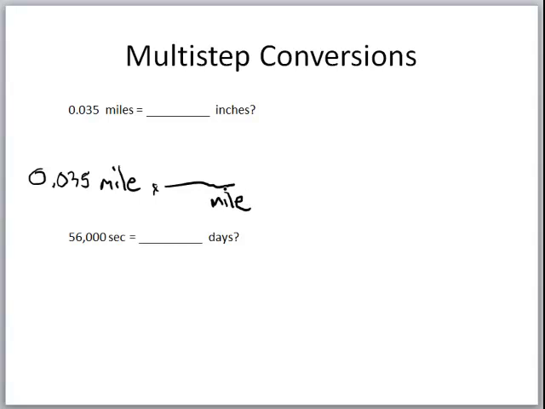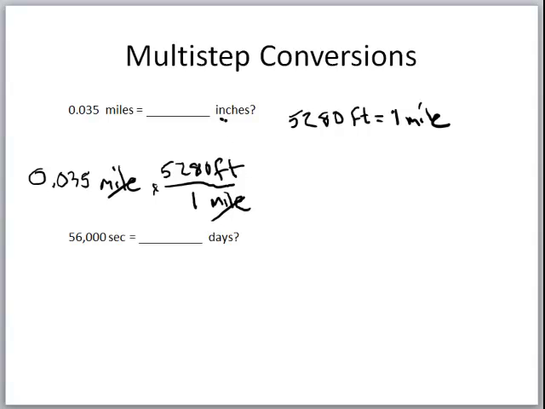Now you've got to think, well, what do I know about miles? I don't know how many inches there are in a mile, but I do know that there are 5,280 feet in 1 mile. That's information that would be given to you if you didn't know that off the top of your head. So what we can say is there's 5,280 feet in 1 mile. That way our miles will cancel and now we have feet.